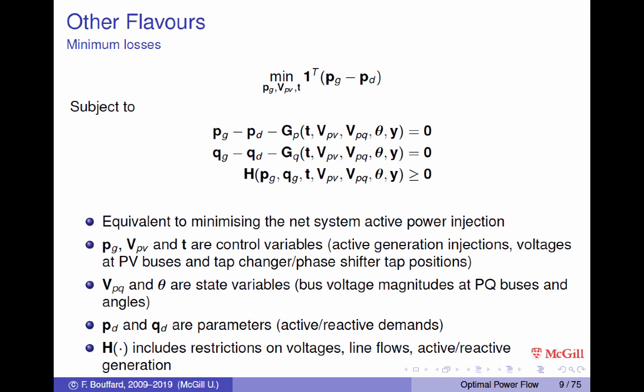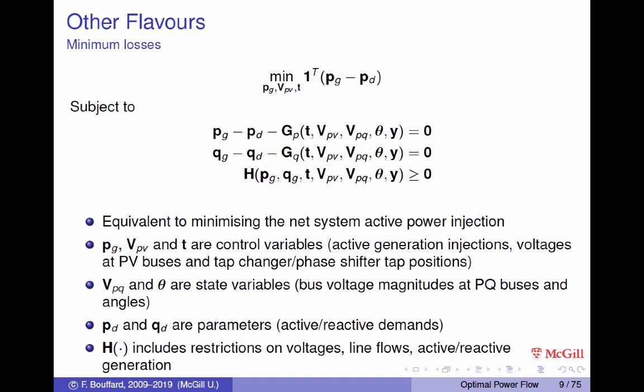In terms of actual variations over this theme, we're going to look at a few examples. One of them is the minimum loss optimal power flow, where we're trying to minimize the amount of losses in the power system. To do this, we use the dispatch, the vector PG. We're also using the voltage set points at the PV nodes, so at the generator nodes, VPV.